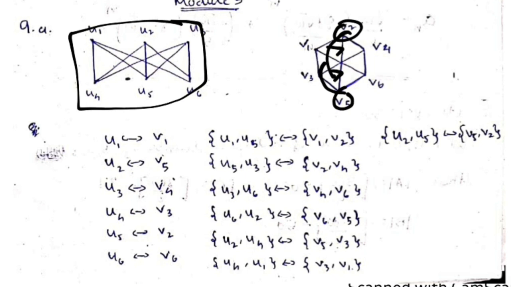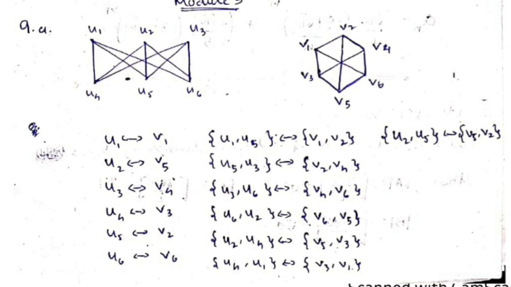Okay, so after getting over with the vertices, we have to find out the isomorphic edges. Okay, now in edges what we have, see here, after knowing u1 is correspondent with v1, u5 is correspondent with v2, so between v1 and v2 there is an edge, right, which is between u1 and u5.